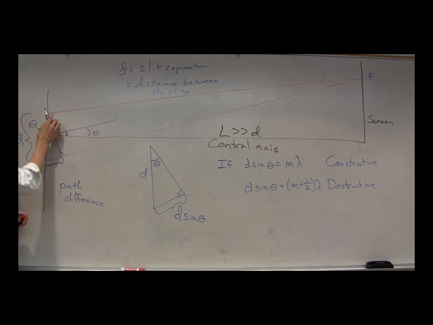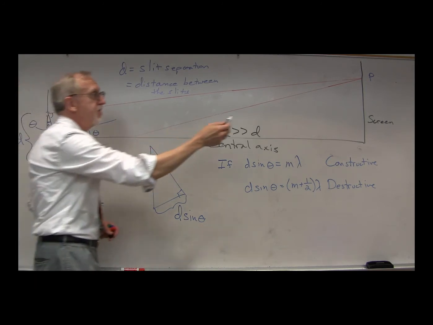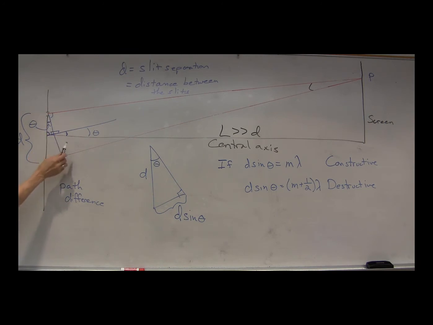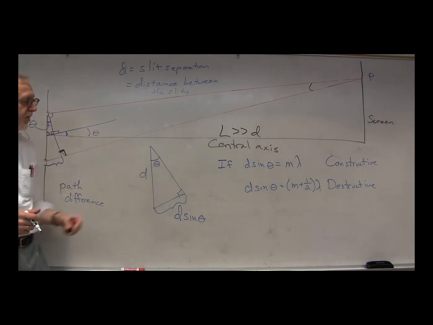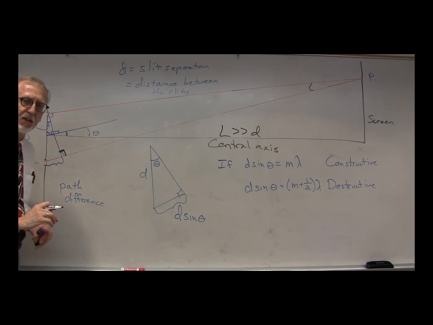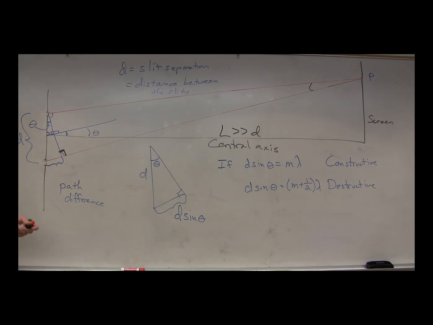That allows us to assume that this is a very, very small angle over here, and that this ray is almost at a 90-degree angle. Obviously it's not going to be exactly 90 degrees, but if the screen is very, very far away, that's almost a 90-degree angle, which allowed us to use the trig function that this side was d sine theta. So it's actually an approximation, but it's usually a very good approximation as long as L is much larger than d.